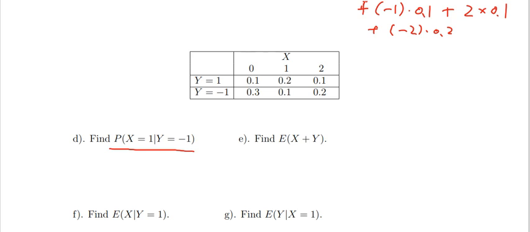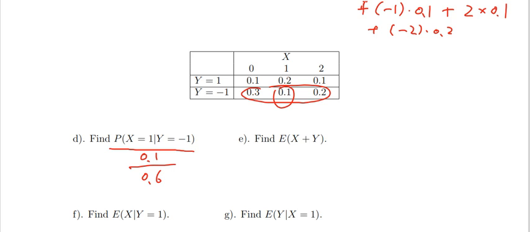In total, the probability of y equal -1 is 0.6, right? Among this 0.6, which part is for x equal 1? x equal 1 is this one, 0.1. So the conditional probability is 0.1 over 0.6.